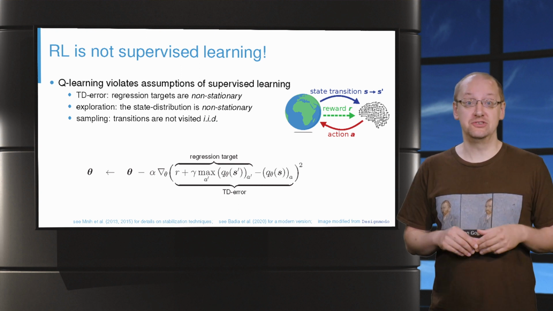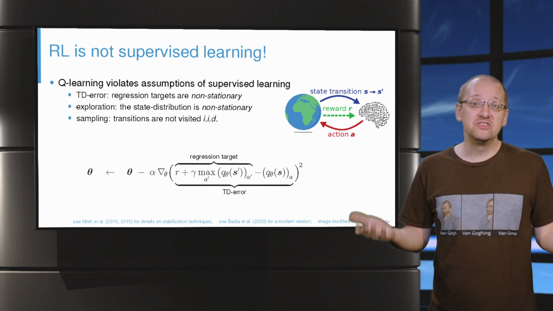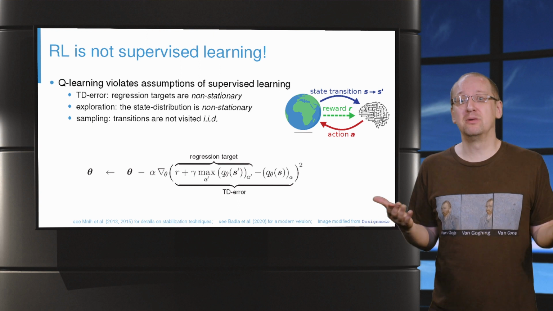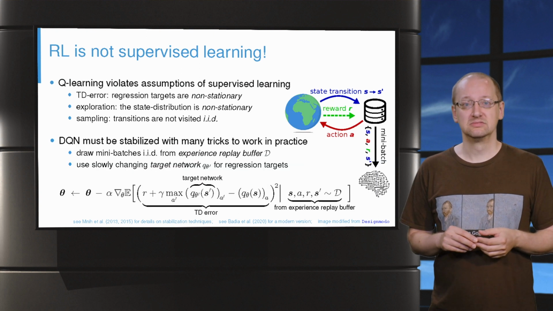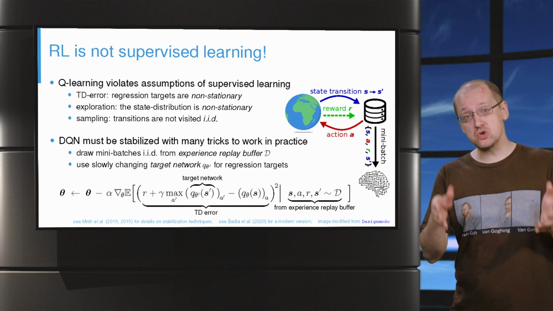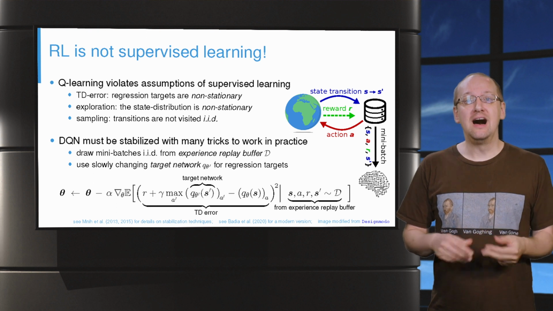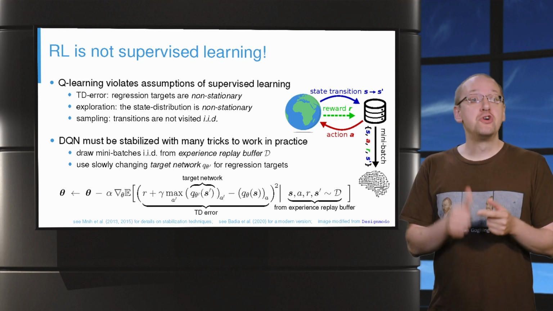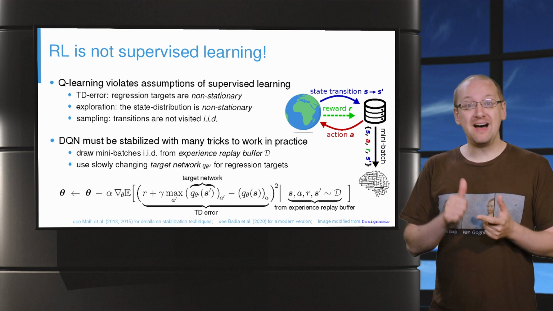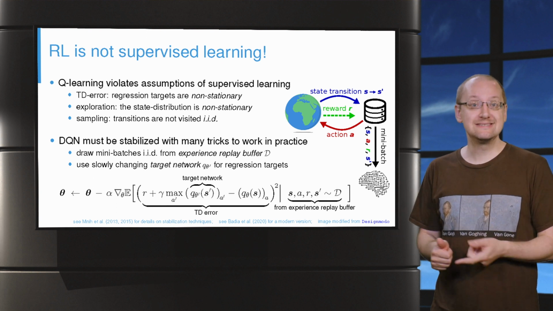Exploration also changes the distribution of encountered states all the time, and updating transitions as they happen does not sample them IID either. To make DQN work in practice, we need to use a bunch of tricks that stabilize learning. The most important are to first draw mini batches of past transitions from an experience replay buffer to get IID samples.